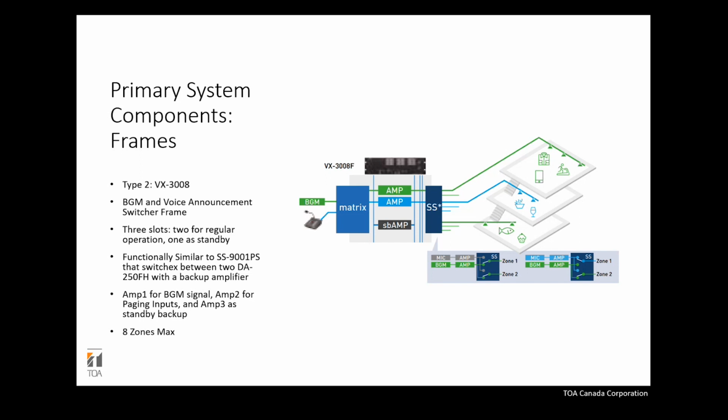diagram here. When there's an active paging happening from the paging mics or any third-party source that you can program in, it will automatically switch from the amplifier channel that's being fed by the page source from the existing channel which is being fed by the background music.